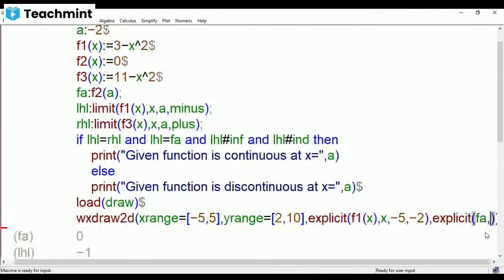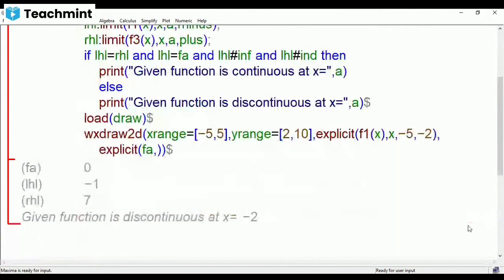Okay, let me write in the next line. Explicit FA, x value from -2 to -2, at that point A. Next, the right hand limit graph, explicit F3 of x, x ranging from -2 to +5, since we have written the graph from -5 to -2 and -2 to -2.